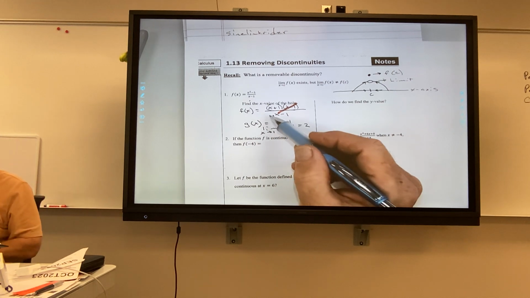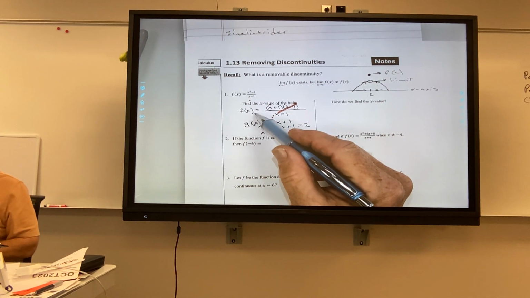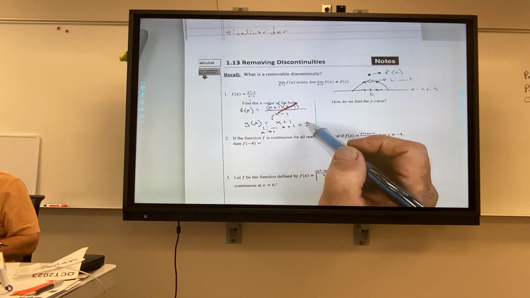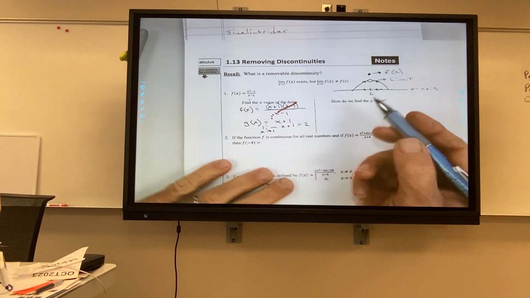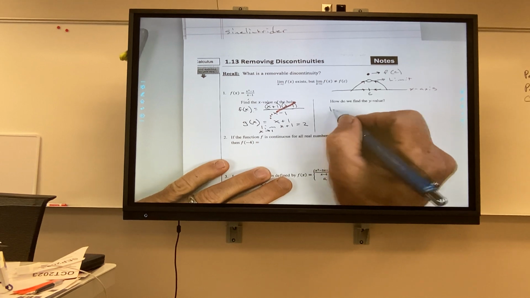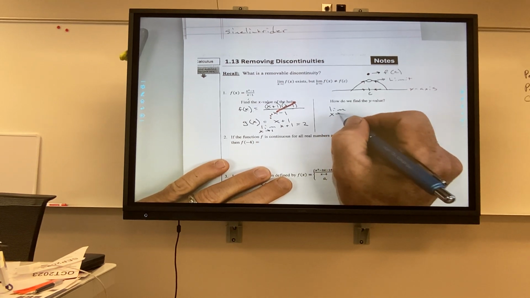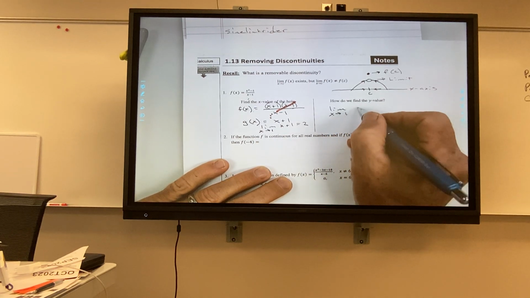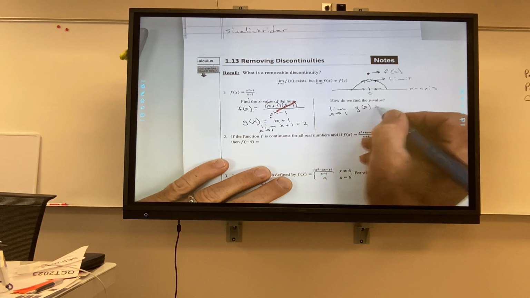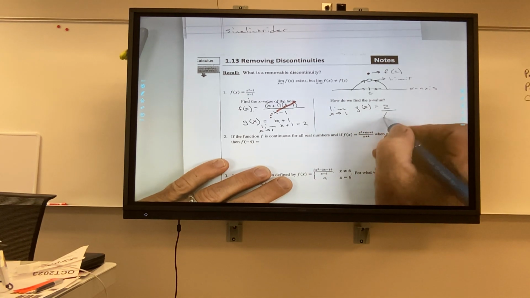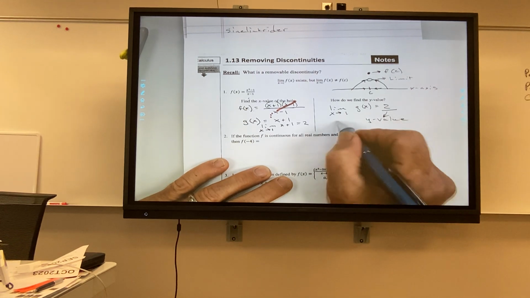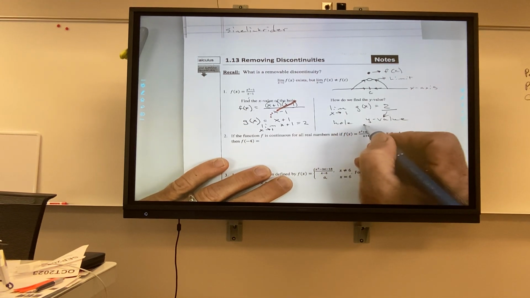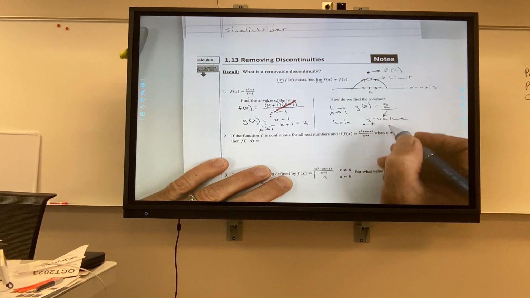The only difference is f has a hole in it at the point (1, 2), correct? So how do we find the y value? We're taking the limit as x approaches 1 of g of x and getting that 2. This is going to be our y value. We have a hole at (1, 2).